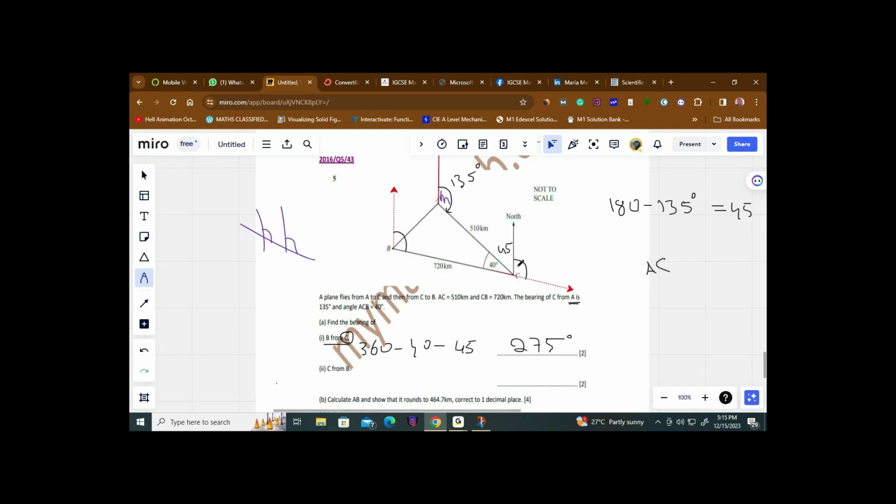This angle and this angle are the same because they are corresponding. Right? BC is behaving as a transversal of these two parallel north axes. Right? So you can find out this angle by subtracting 40 and 45 from a full 180. Am I right? So you can find out the bearing of C from B by subtracting 40 and 45. This is giving me 95 degrees, so write it in 3 digits.